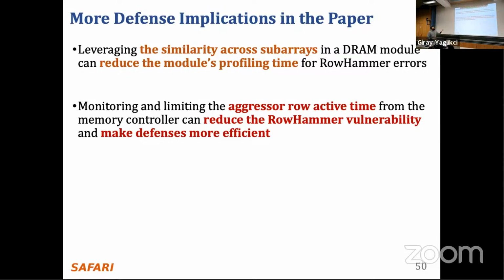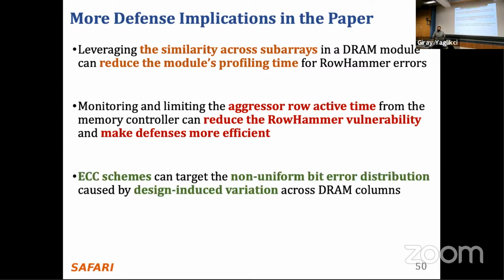And in the memory controller, you can easily track which row stayed active for how long, right? Because you have the memory scheduler, you're the component that actually issues these requests. So you can actually do something smart over there. So these are all future work anyway.